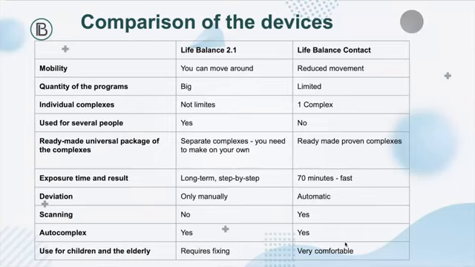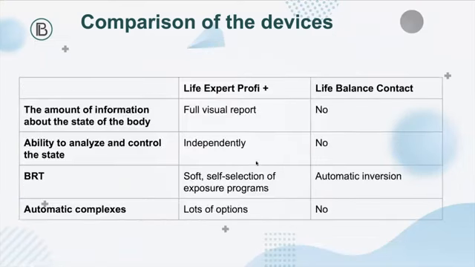And with Life Balance Contact, they need to be with the bracelets for 70 minutes, right? And then they are free to go to play with other kids and to live their life. Same for elderly people.